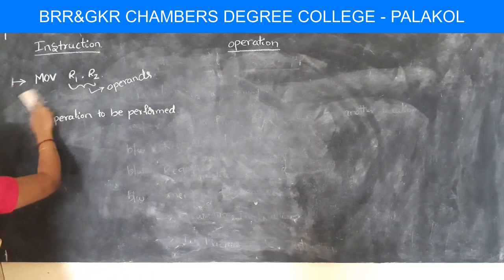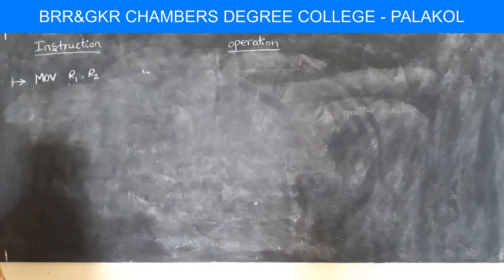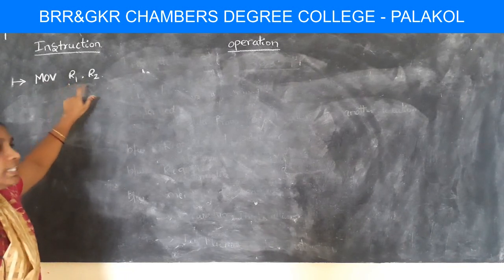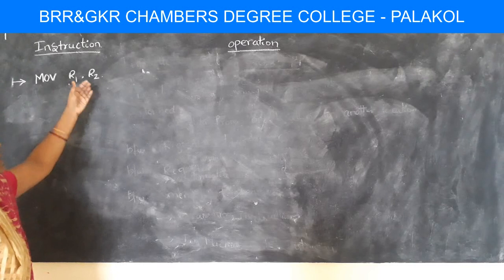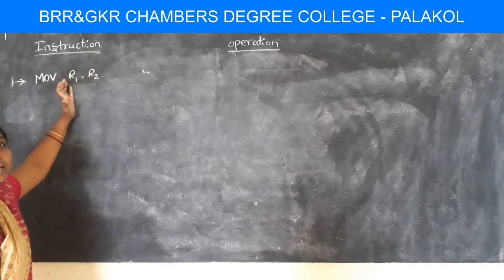Okay. Now, what is the operation going on in this instruction? So here these are the two registers. In these registers, move the data from R2 register to R1 register.